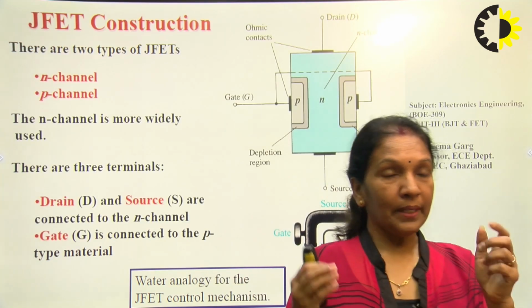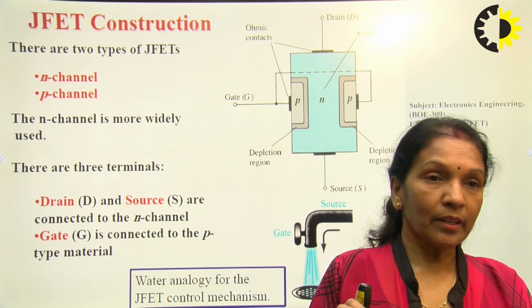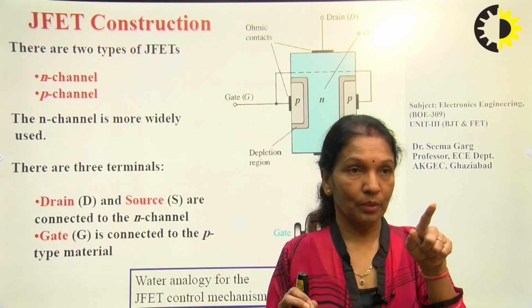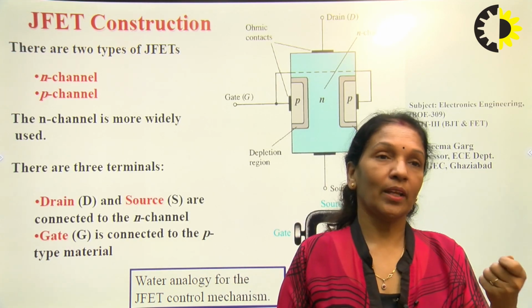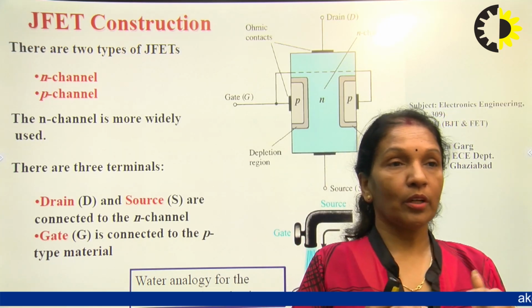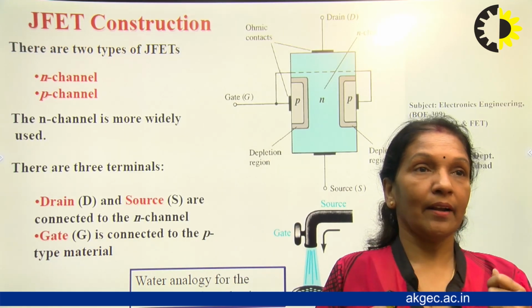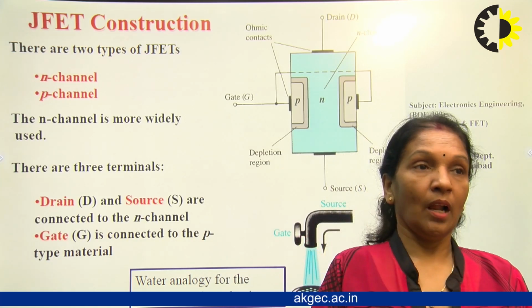These P-type regions are internally connected, and a metal contact is made to them, from which the gate terminal is taken out. On the top and bottom of the N type material, two metal contacts give the source terminal and the drain terminal.